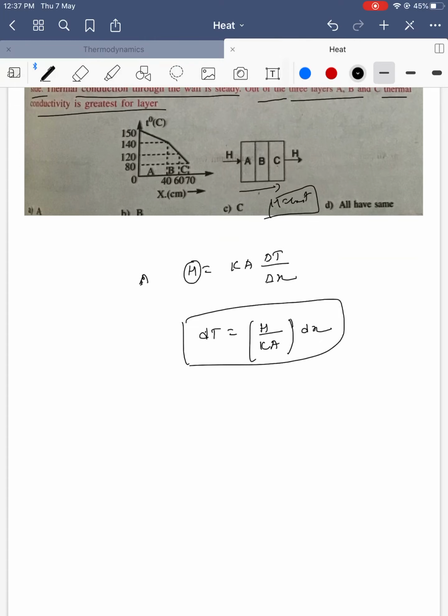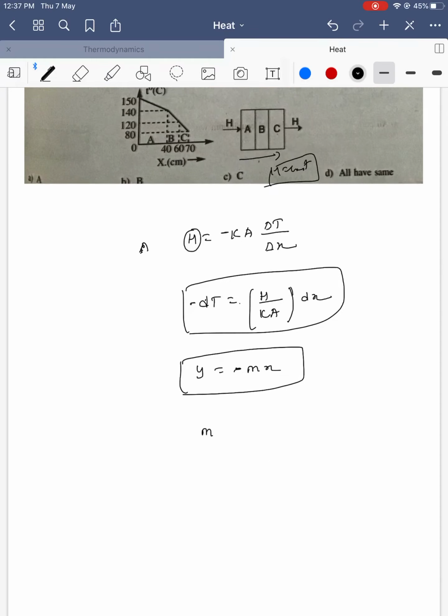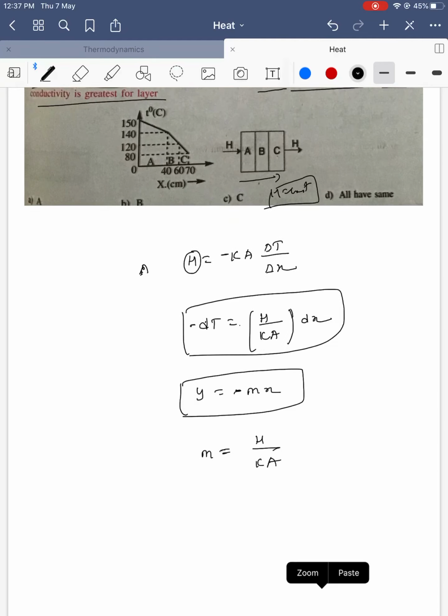If you compare with the y is equal to mx equation, there will be a minus sign: dT by dx is minus H by KA. So the slope m is nothing but H by KA. Whichever has the greater slope, that is H by KA. T is on the y-axis.